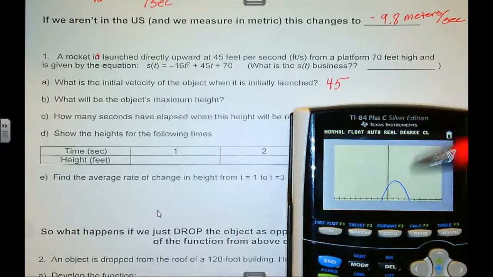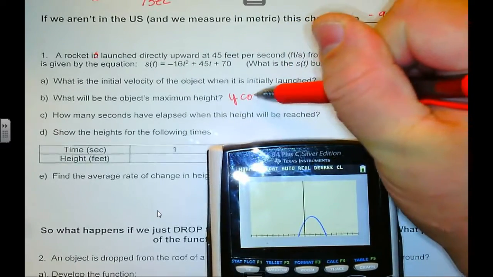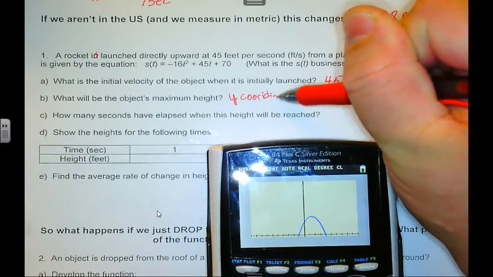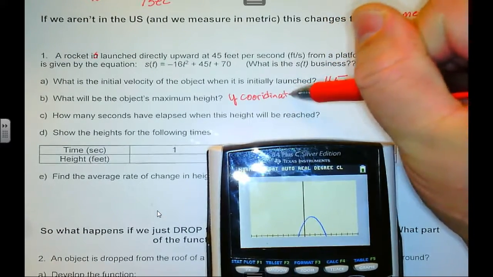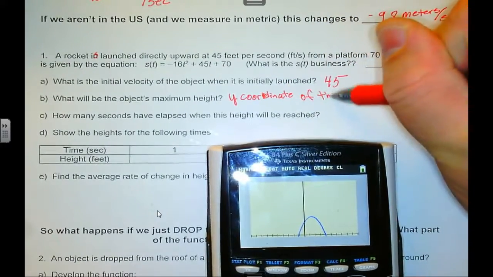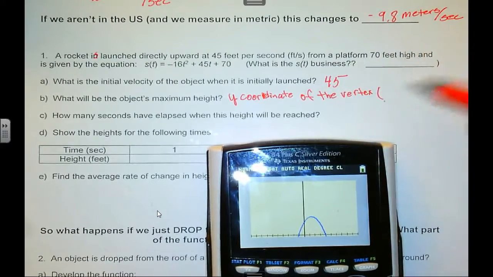Because I need that maximum height, which means it's going to be the y coordinate of my vertex. Or in other words, my maximum height.